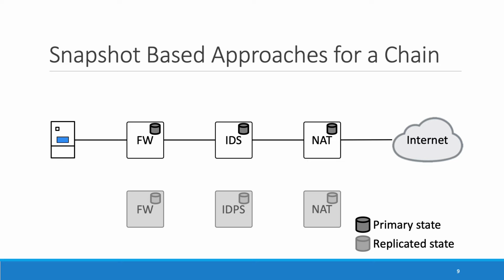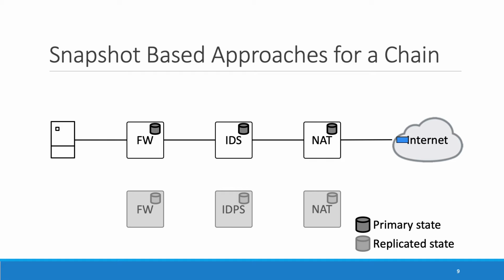Let's look at using snapshot-based approaches for a chain of middleboxes. In a chain, a snapshot-based approach must pay the cost of synchronous replications at each middlebox of the chain. Furthermore, taking periodic state snapshots at each middlebox causes operational delays that significantly affect the throughput, similar to a pipeline stall in a processor.